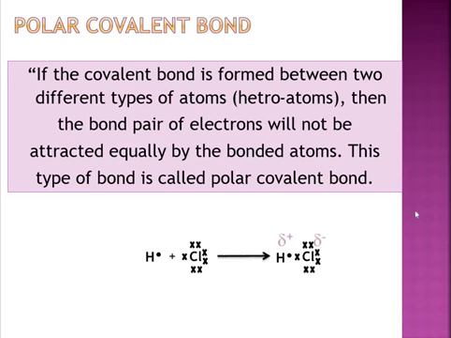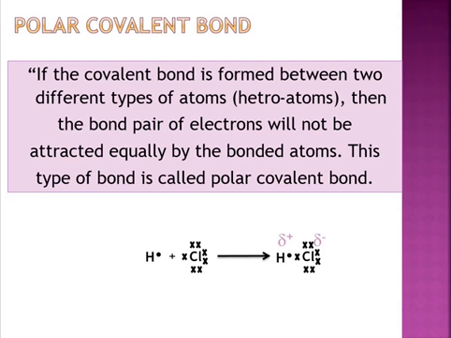In the hydrogen chloride gas, the two atoms, hydrogen and chlorine, share one electron pair. And due to the difference in their electronegativities, the shared pair is not equally attracted. The chlorine atom has a higher electronegativity, so it attracts the shared electron pair much more strongly than does the hydrogen atom.